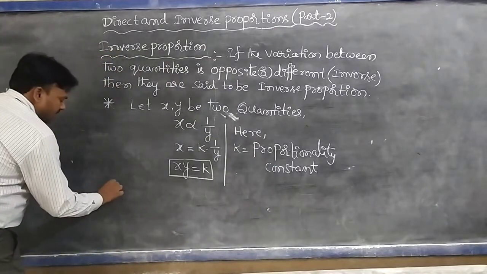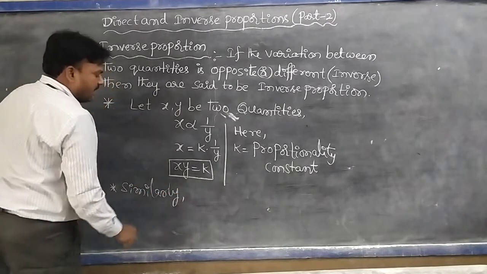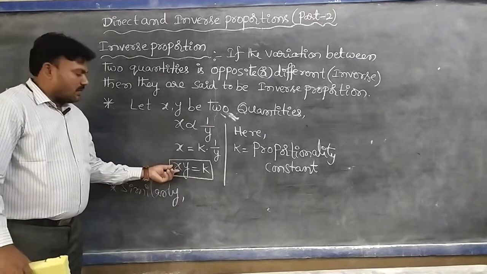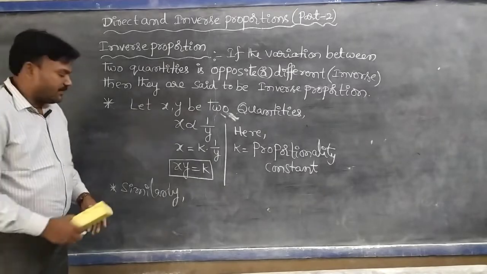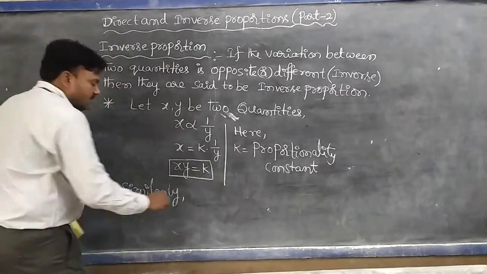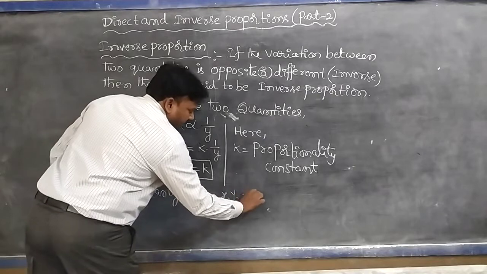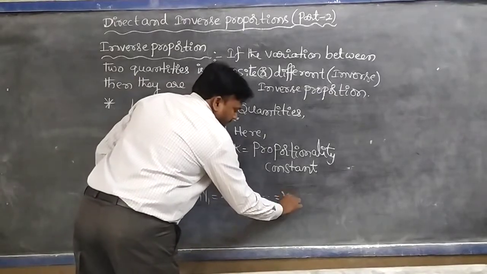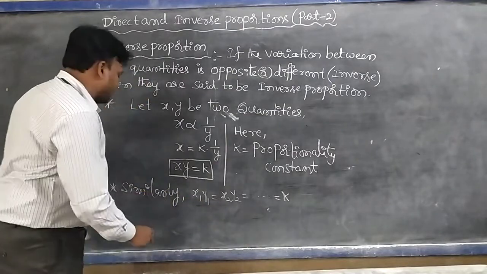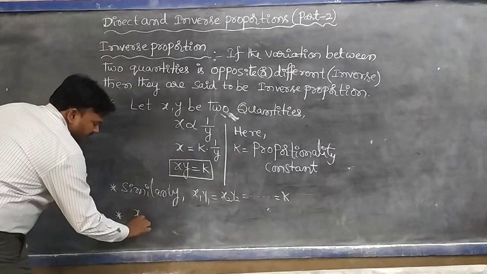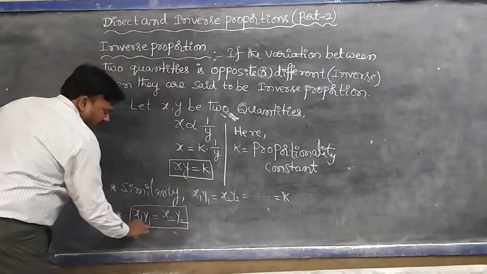Following the same procedure, if you take x1, x2, x3 and so on as x values, corresponding to the y values y1, y2, y3 and so on, then applying the same formula, x1 y1 equal to x2 y2 and so on, which is a constant. Taking the first two values, x1 y1 equal to x2 y2.